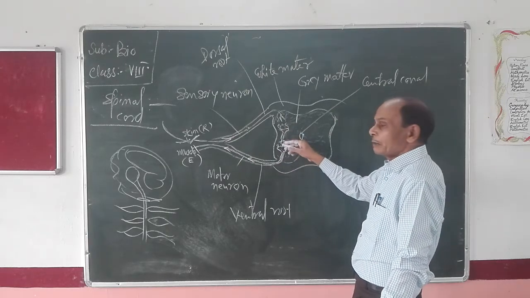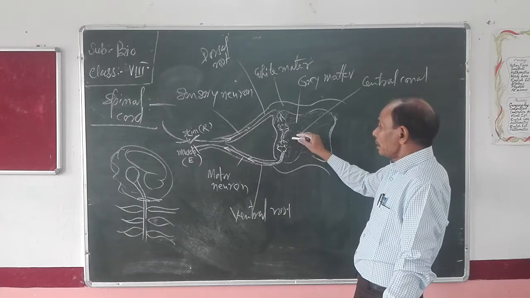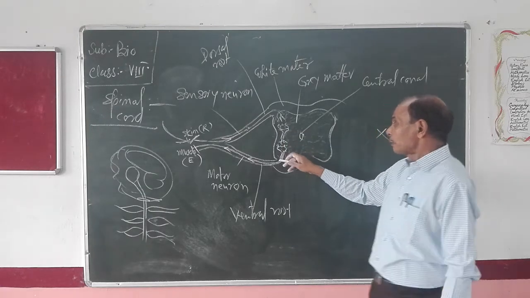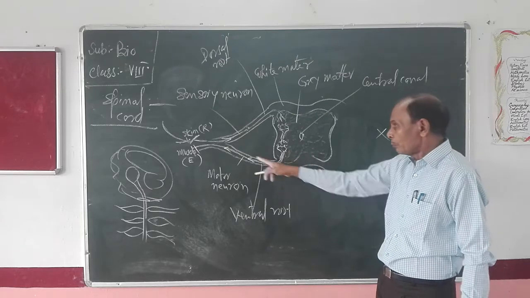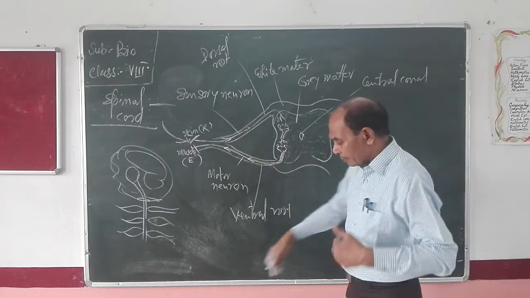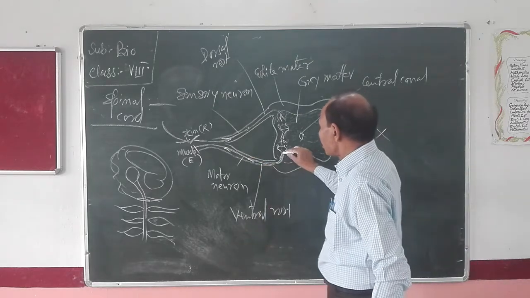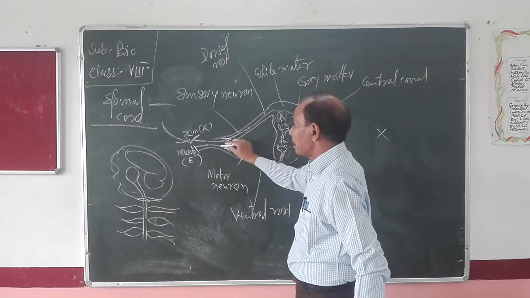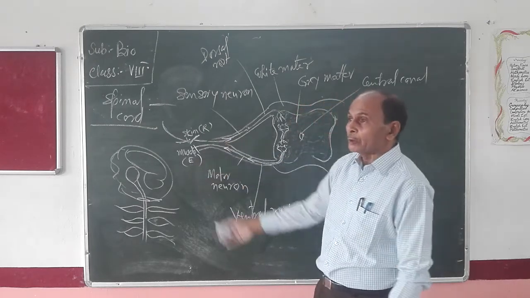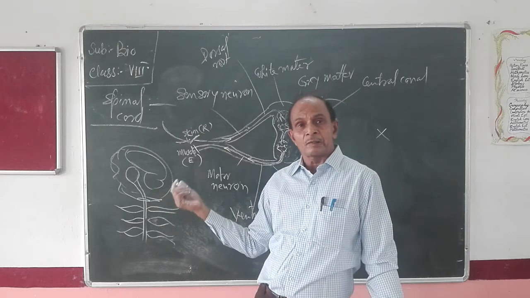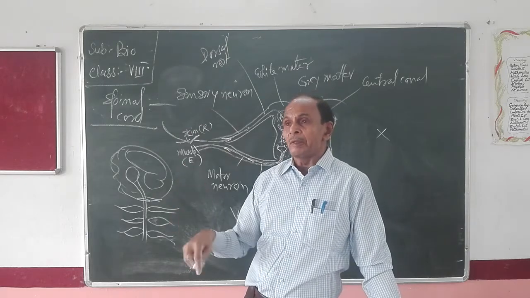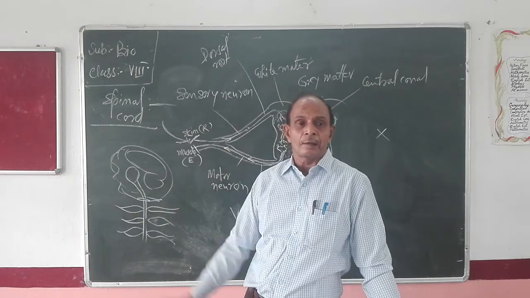This intermediate neuron will generate an impulse of order. That impulse of order is handed over to the dendrites of the motor neuron, which comes out from the ventral side and carries it to muscles or glands, and with the help of those muscles or glands you will be able to show a reflex action.